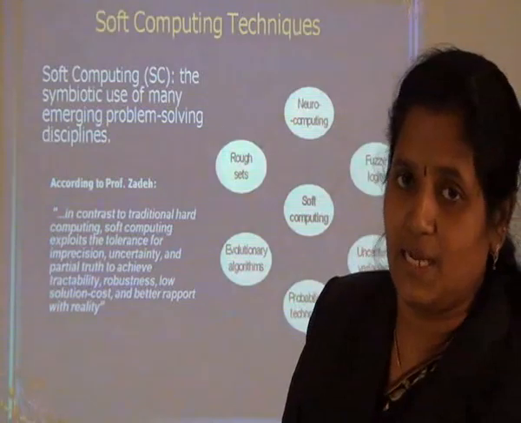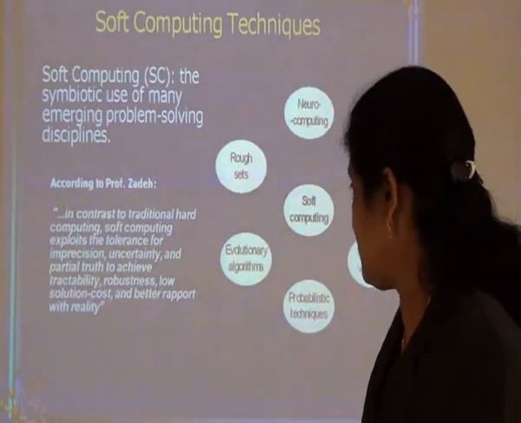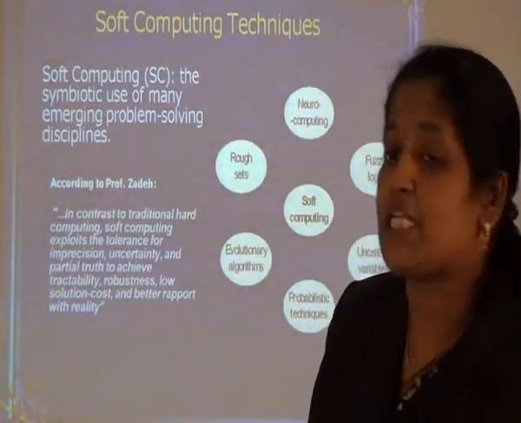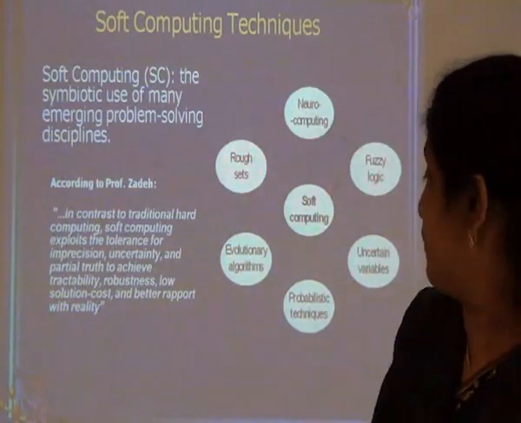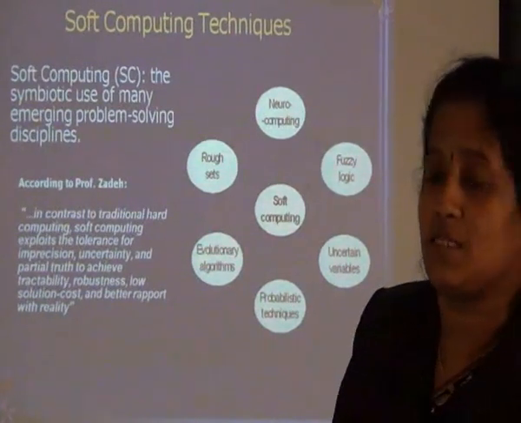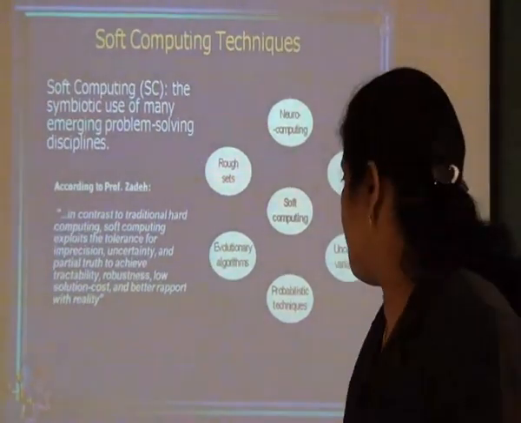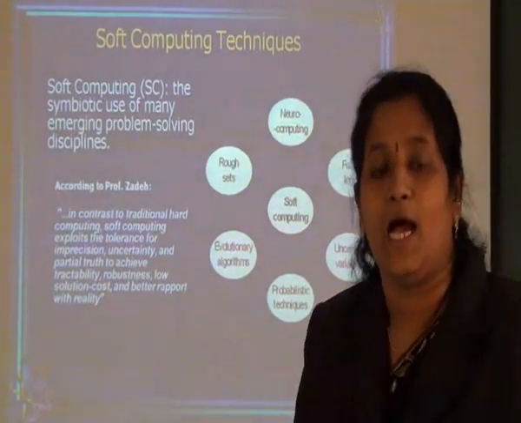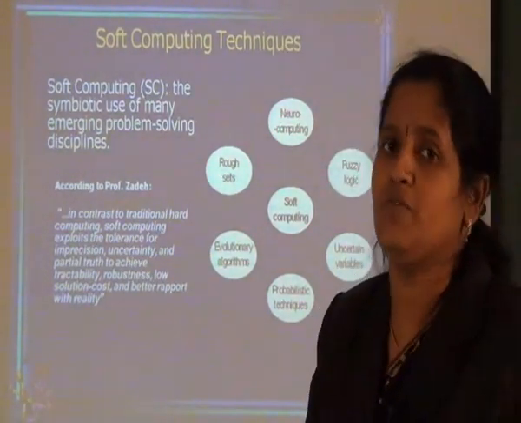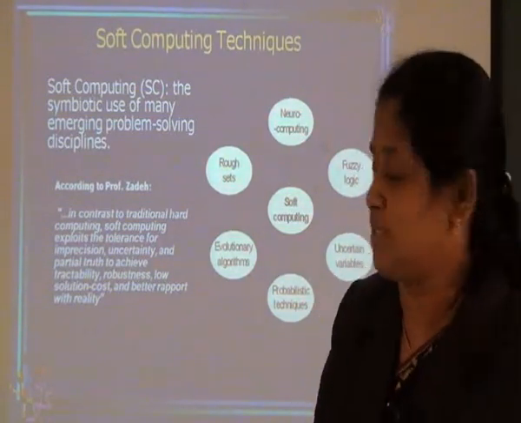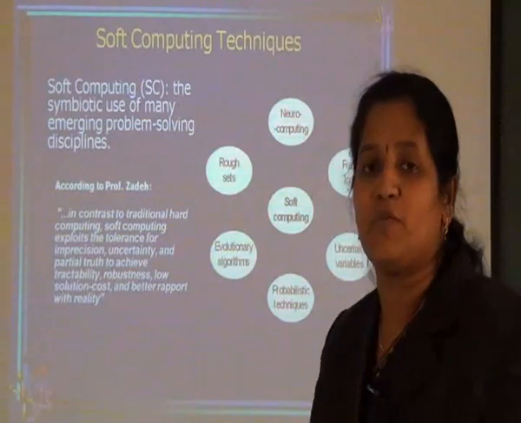According to Professor Zadeh, soft computing, in contrast to traditional computing, exploits the tolerance for imprecision, uncertainty and partial truth to achieve tractability, robustness, low cost solutions and better rapport with reality.